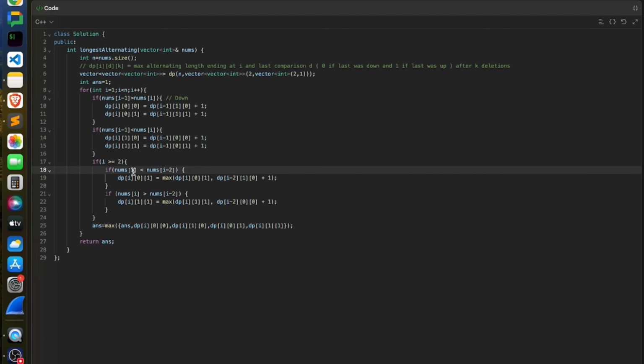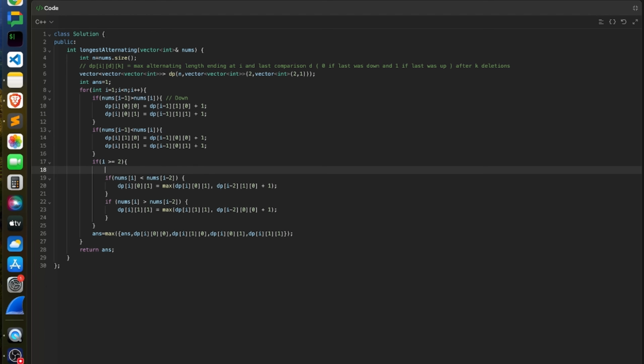This is the case when you want to delete the previous index number, the number that represents the previous index, that is I minus 1, right?